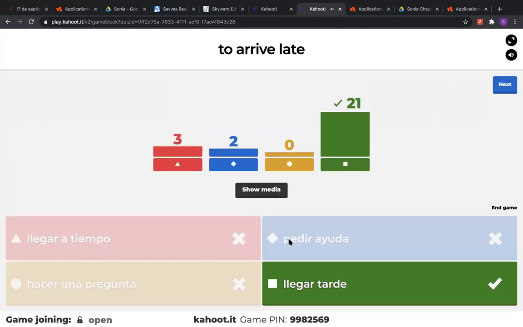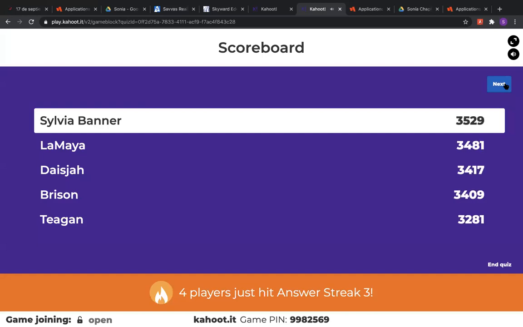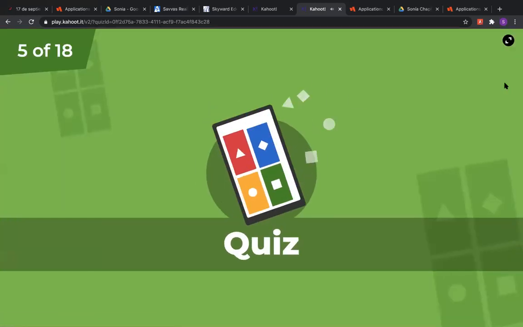Good job. A little bit of confusion. This is to arrive on time, a tiempo. Llegar tarde is to arrive late. Oh, no movement. Interesting.